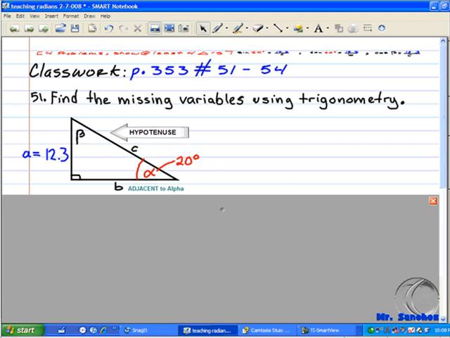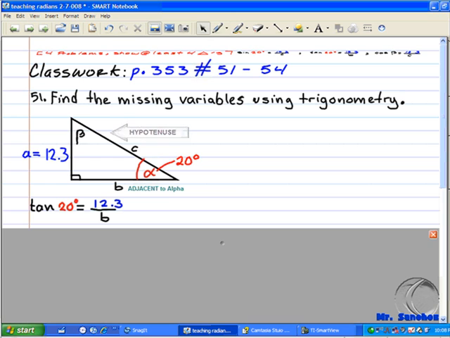Going alphabetically, first we're going to find the value of b, the length of b, using tangent. Therefore, setting up our equation, we have tangent of 20 degrees equals 12.3 over b.